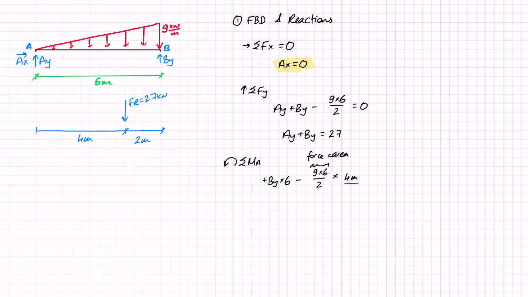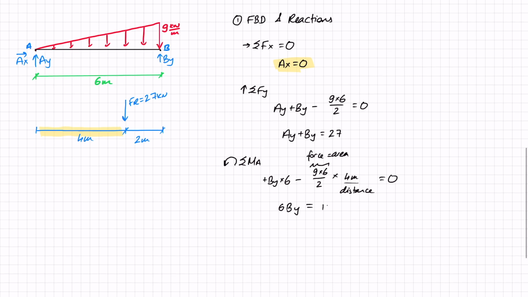That is the distance from the centroid to the point that I'm looking at, essentially this distance here. There is nothing else to contribute to moment, so that equals 0, and from this I can see that 6 BY equals 108, and therefore BY equals 18 kilonewtons.